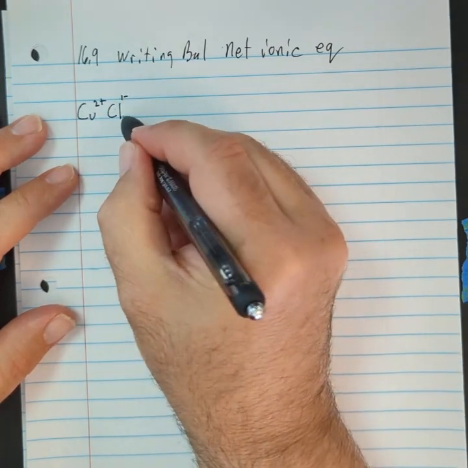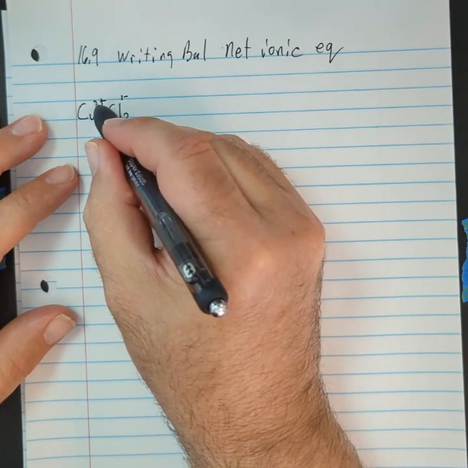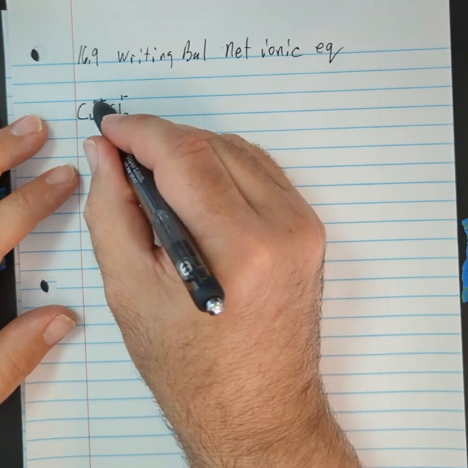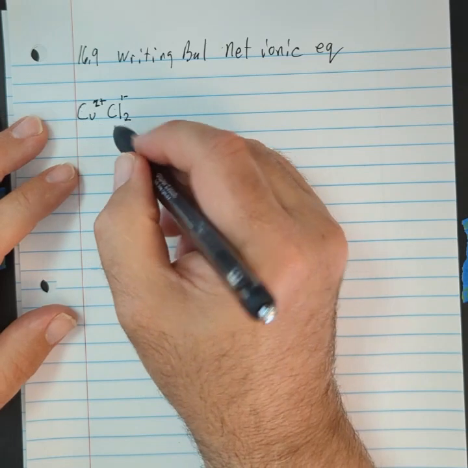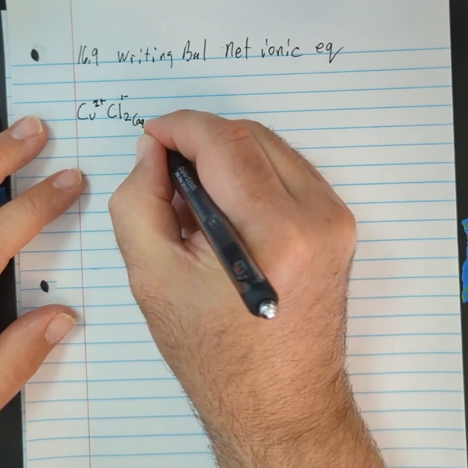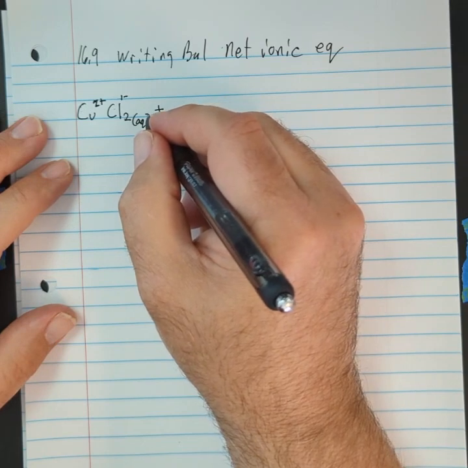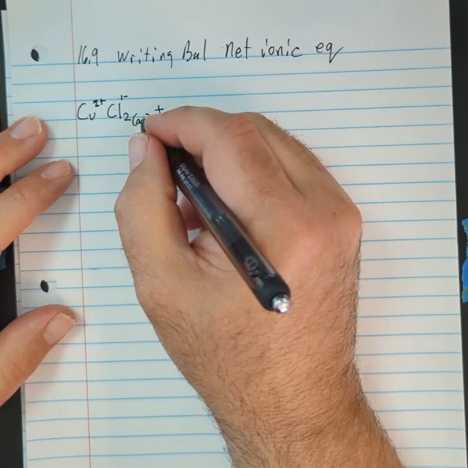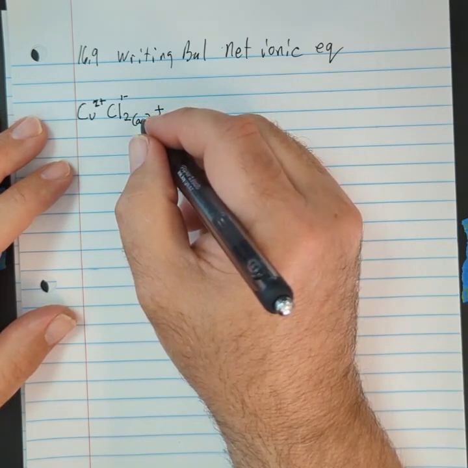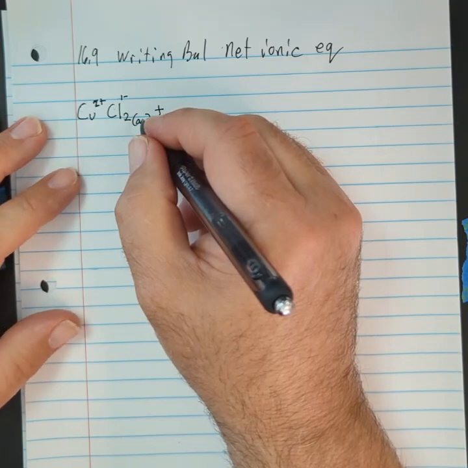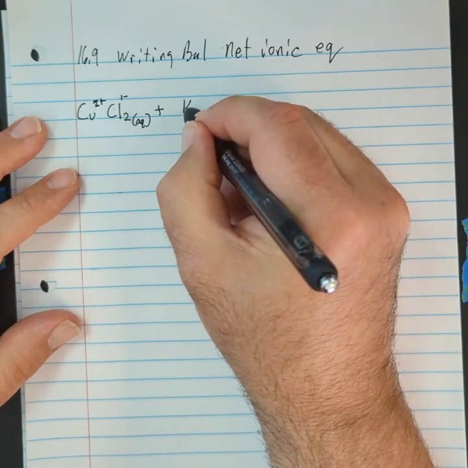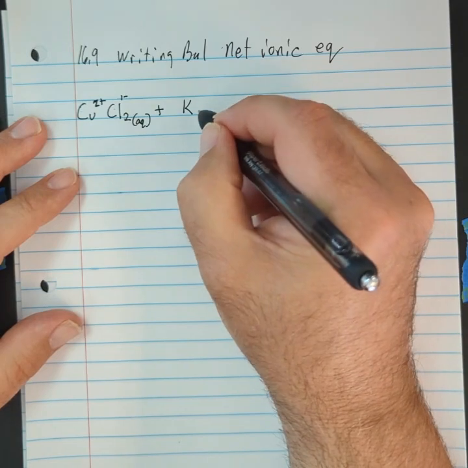So that means I have to have 2 chlorines, two negatives to balance out this 2 plus. So CuCl2 aqueous is mixed with potassium phosphate. So next we have potassium phosphate.